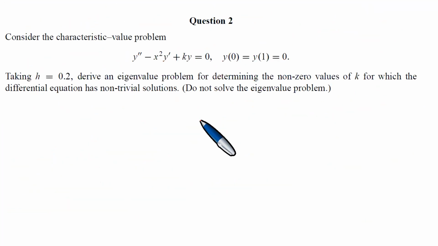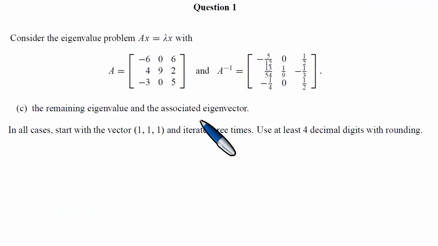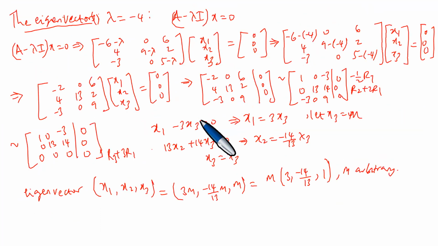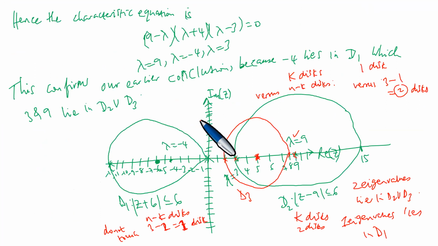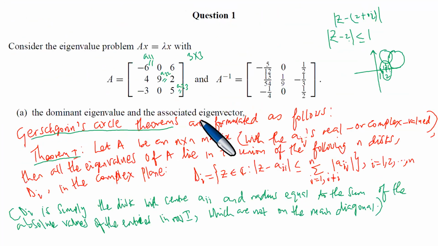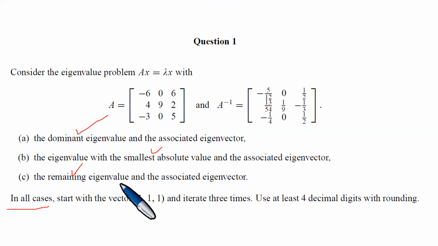Basically, we solved 2 questions in detail, just left with one to conclude the whole problem. So just try to make sense of these things and make sure that in particular we dealt with the smallest absolute value and we estimated the dominant eigenvalue, we found the estimate using the power method in each case.